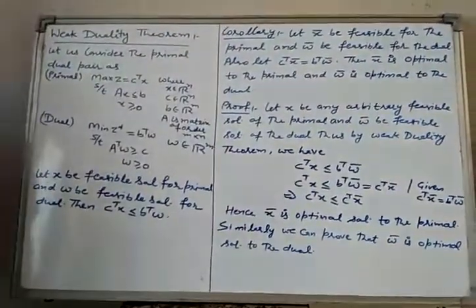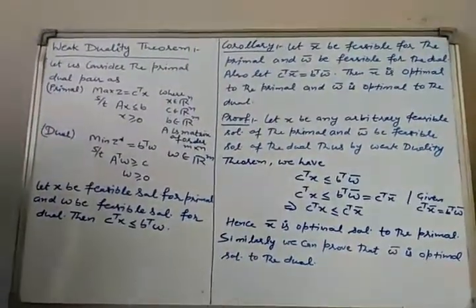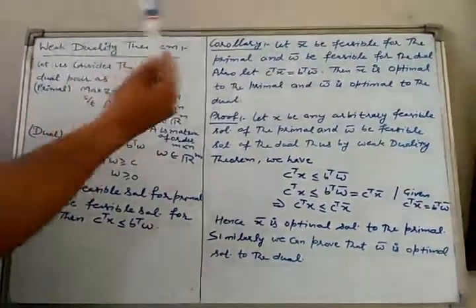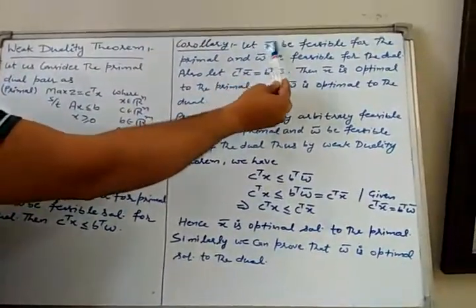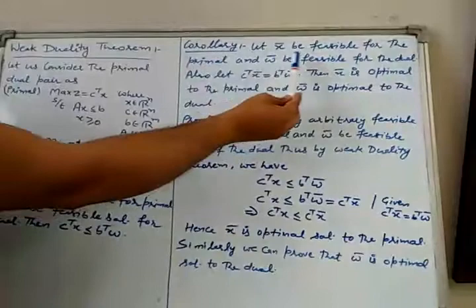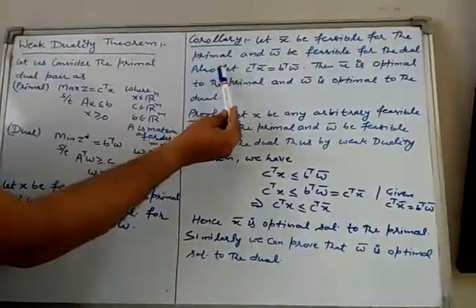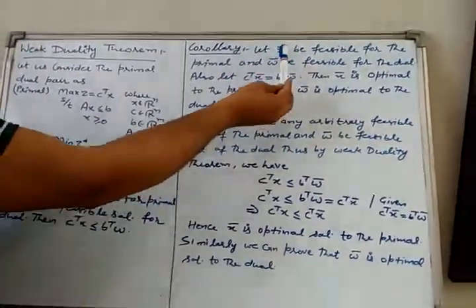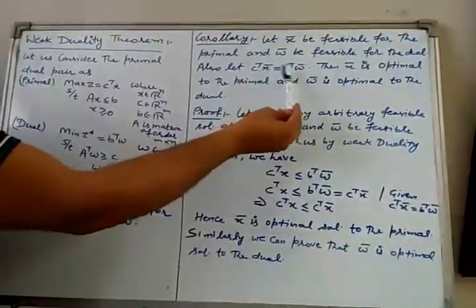Now I am going to discuss a corollary based on the weak duality theorem. We have already discussed what the weak duality theorem is. Now we discuss the corollary. Let X bar be a feasible solution for the primal problem and W bar be a feasible solution for the dual problem, such that the objective function values are equal.